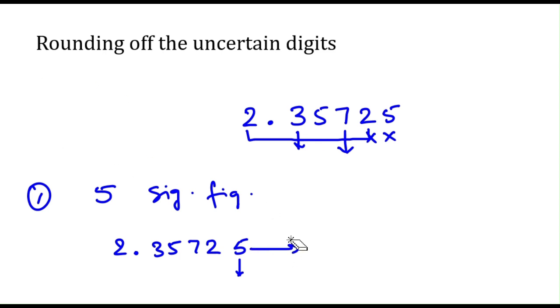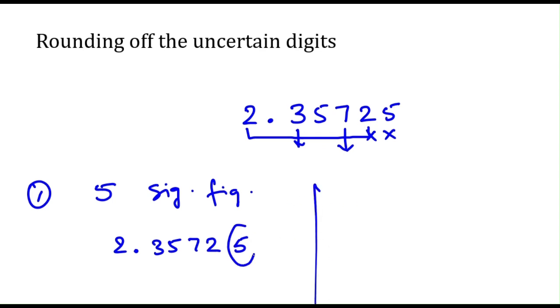There are no digits onwards, so we have to drop this 5 here. Now how can we drop this? This is our chosen digit.